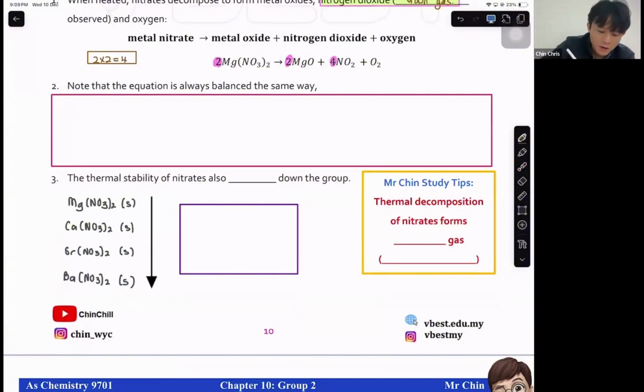Okay guys, go decompose your nitrate. Decompose your strontium. Practice writing, decompose your barium. Let's go, 1 minute.